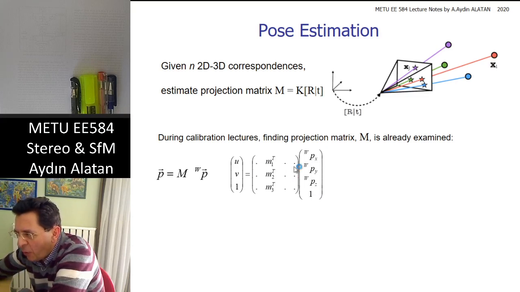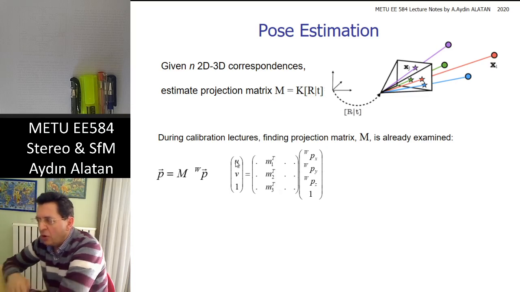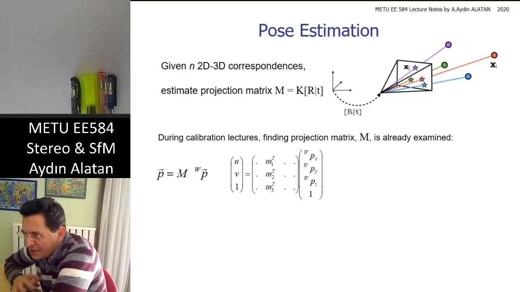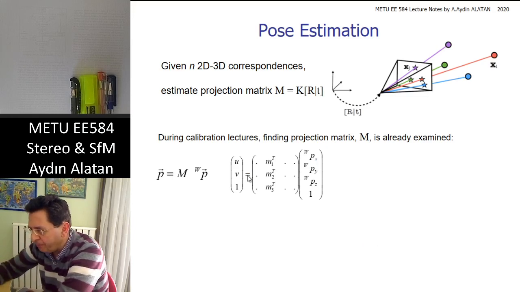And the 3 by 4 matrix has row vectors, 1 by 4, 1 by 4, 1 by 4. If you multiply them by this M matrix, 3 by 4, you will obtain nothing but your pixel coordinates in homogeneous. Note that this is in P3, this is in P2.